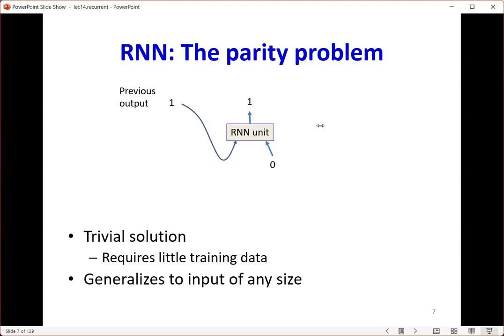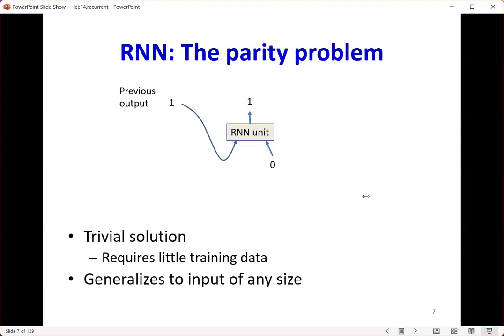This unit doesn't need more than 4 neurons possibly. And how much training data would you need to train this unit? 4 instances, right? Because there are only 4 possible inputs. And so in the best case, only 4 instances. And it generalizes.